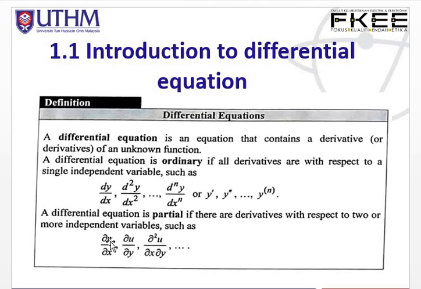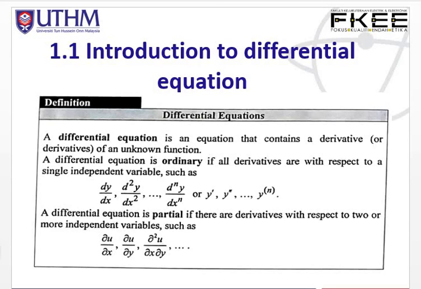Or we say del u over del x, del u over del y, and del squared u over del x del y. So this is not only a single independent variable; here we have two, x and y. But in this subject, you will only study the ODE, with a single independent variable.